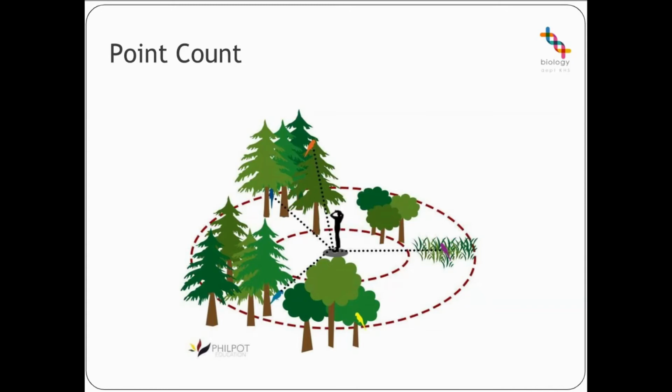So have they mapped out a specific area, and if they see a member of the species beyond that area they wouldn't count them, or are we using an unlimited radius whereby they're just looking to count as many individuals of the species as they can possibly see? So that's relatively important and gives us a rough idea even of how many of a population we have of that particular species.